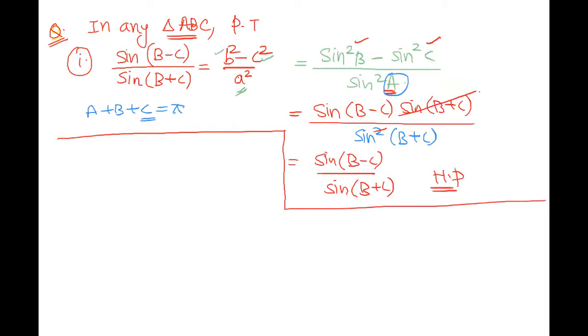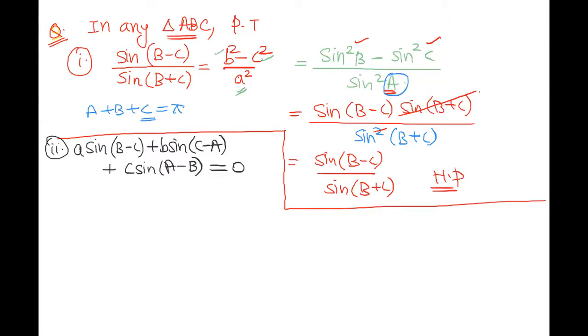Next question is a into sine b minus c plus b into sine c minus a plus c into sine a minus b. This we have to prove is equal to 0.